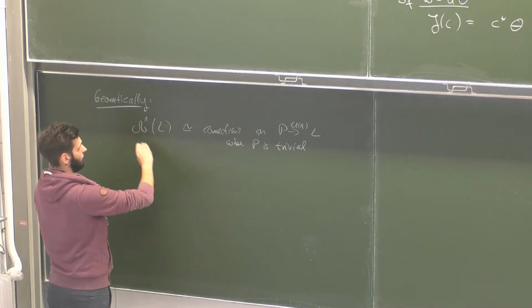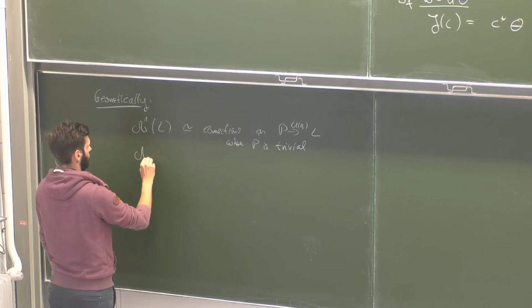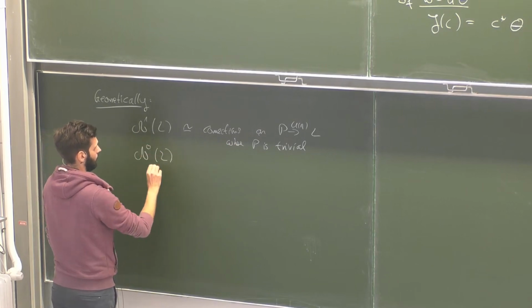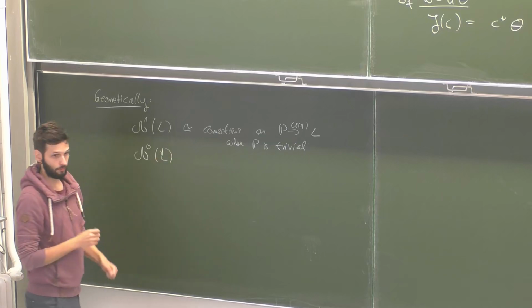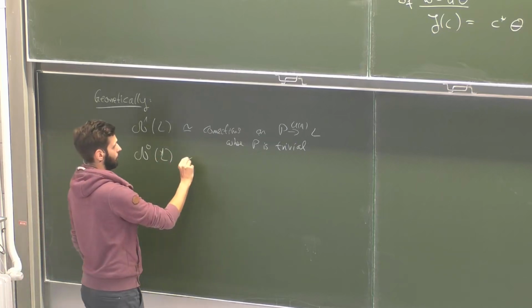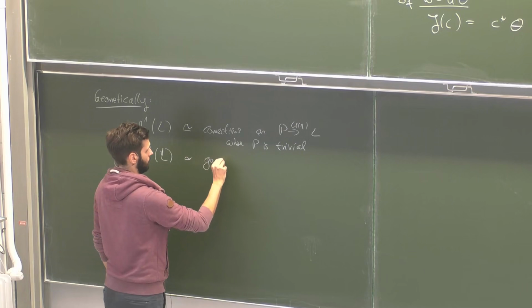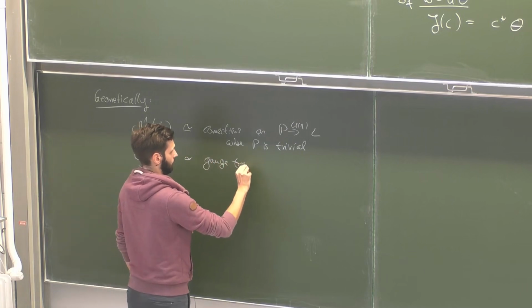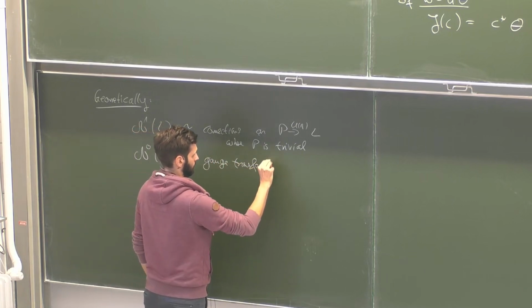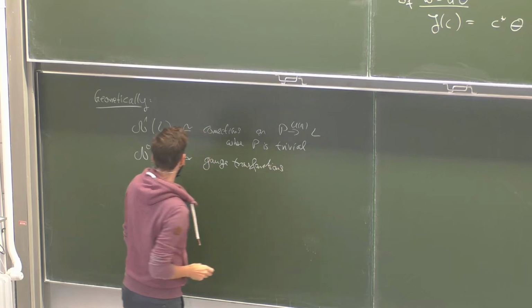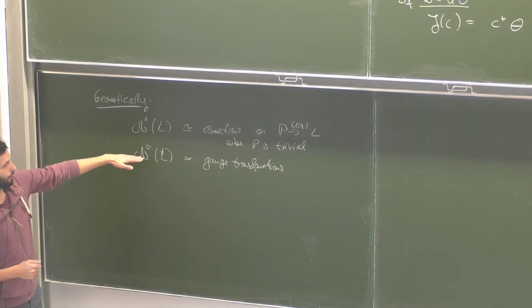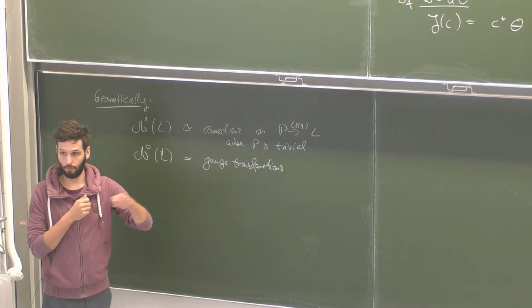And similarly, if you have that interpretation, what we already discussed also is that the 0-forms have the interpretation as gauge transformations. And they act in the way that you would expect them to act, namely by just changing by d.